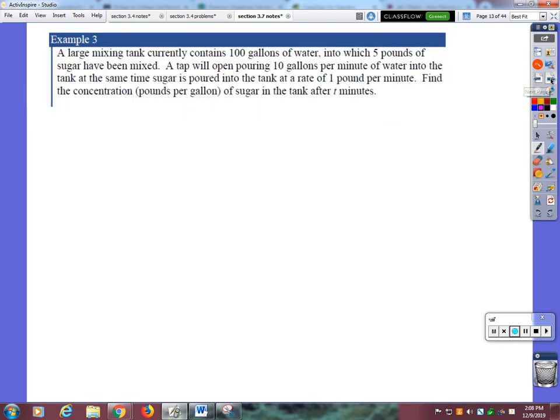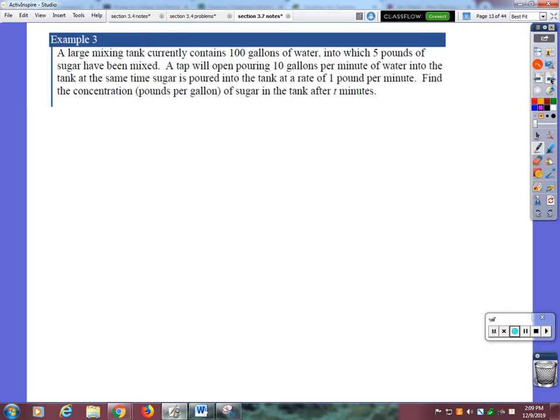Okay? All right, so let's start out with a word problem here. Well, we did a word problem Thursday. We started out the rational functions with distance equals rate times time. Let's try another one right here. So this is a large mixing tank. I wonder what we're mixing. It currently contains 100 gallons of water into which 5 pounds of sugar have been mixed.